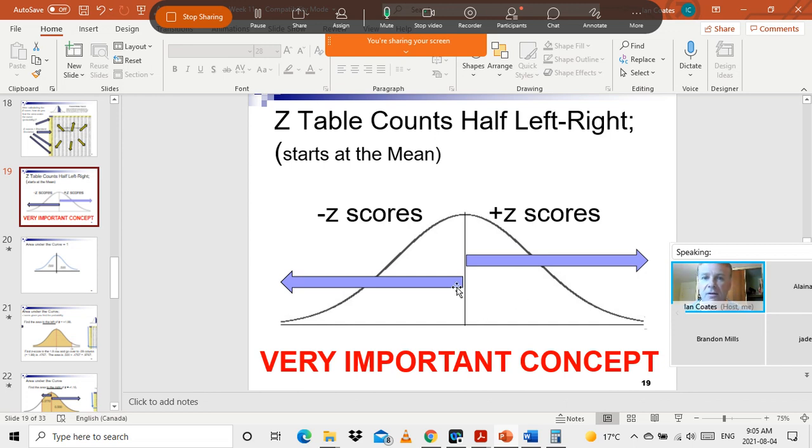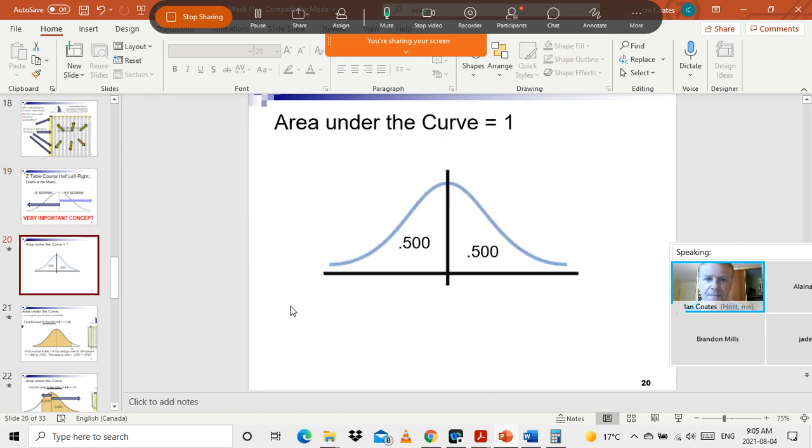This table also measures this side, which is also maximum 50%. So utilizing this table here is via this way only. And we'll show you this, okay?